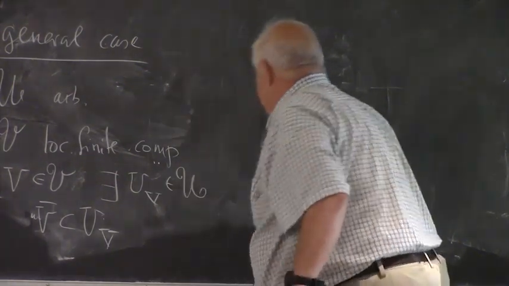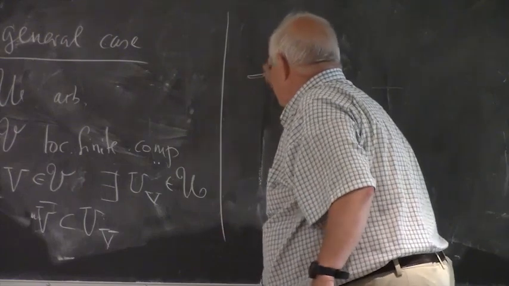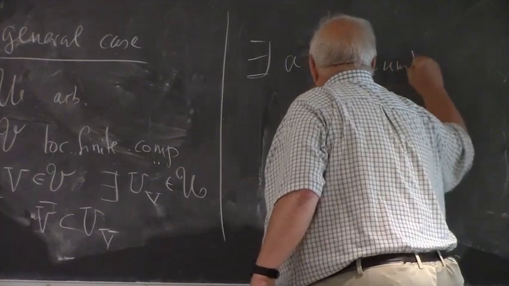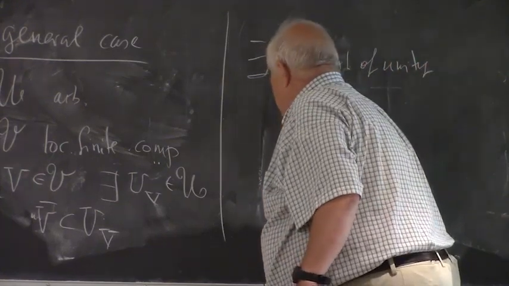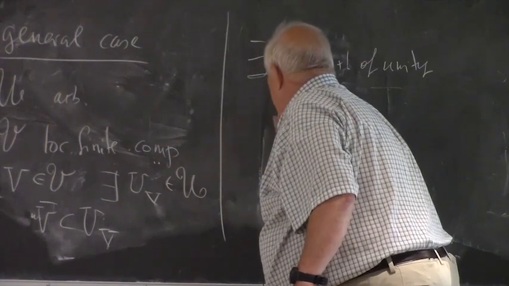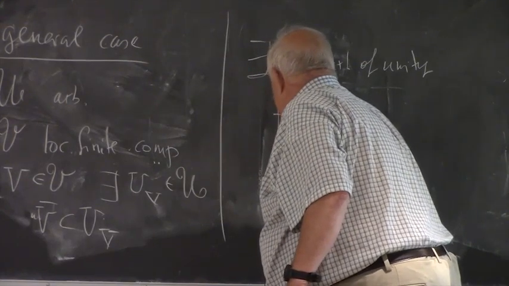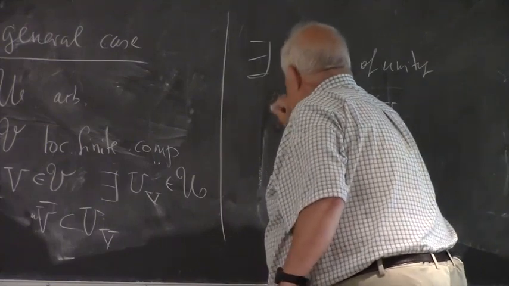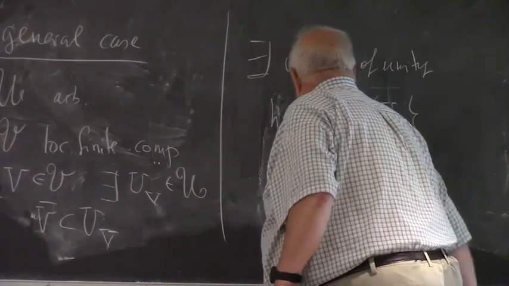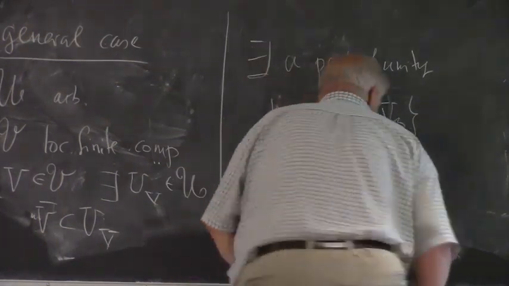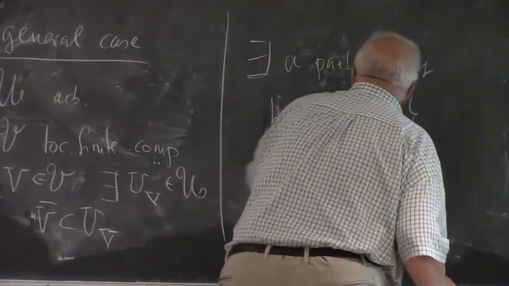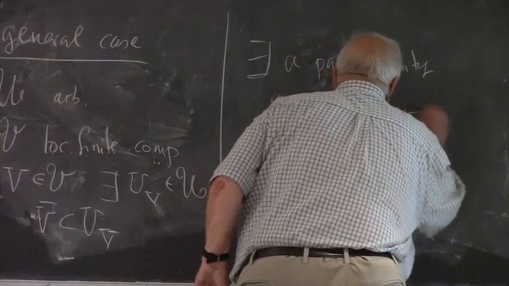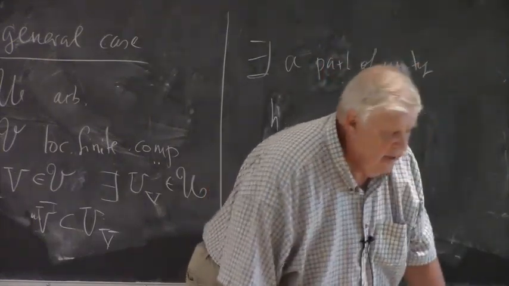So there exists a partition of unity, just a function h sub V for every V in V, and these functions satisfy all the conditions.